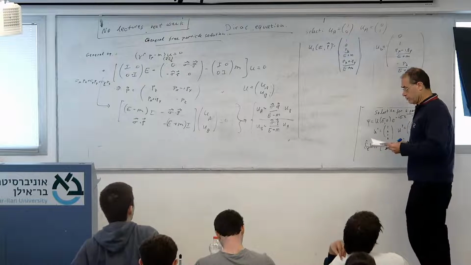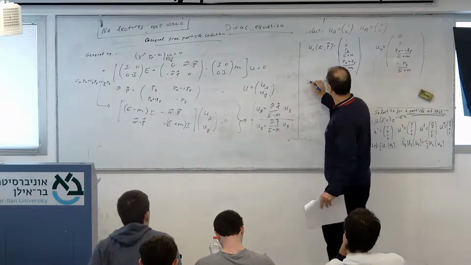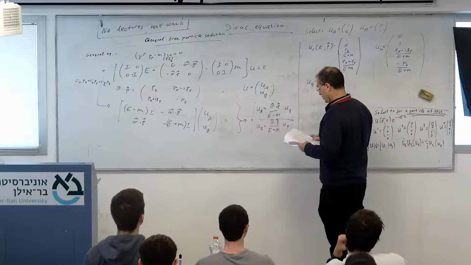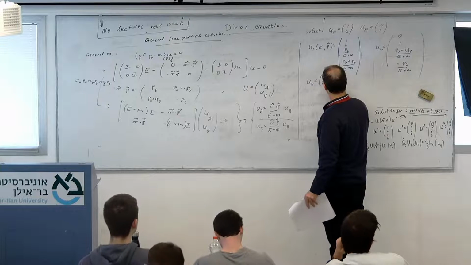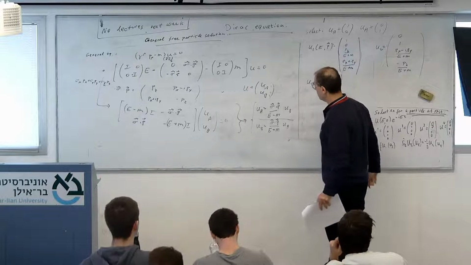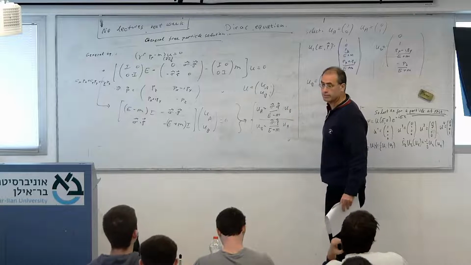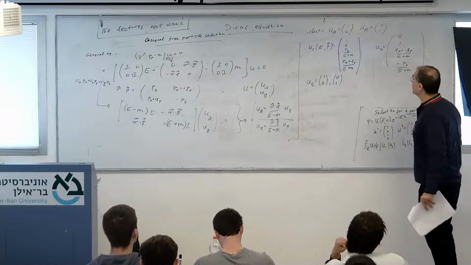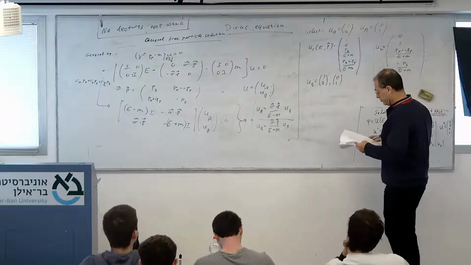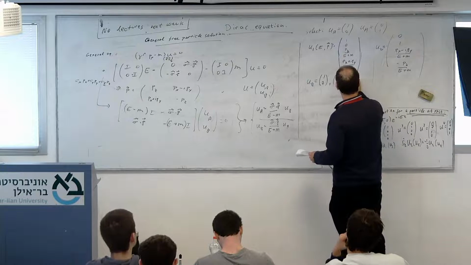Then for the other 2 solutions, we can simply select UB to be equal to 1, 0 and 0, 1, and plug it in here. And we get U3 and U4.